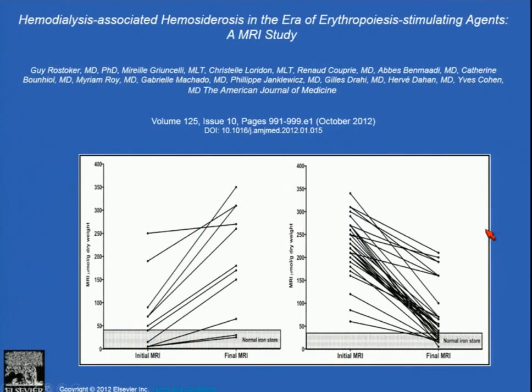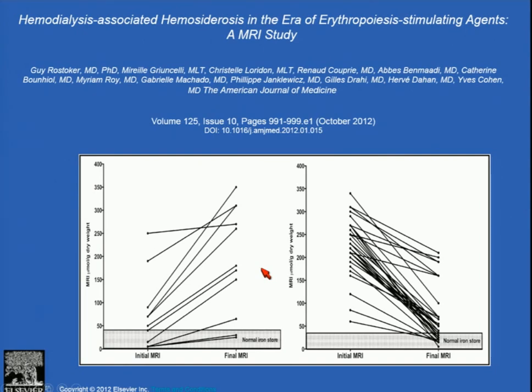In another study by the same author, who apparently is really into MRIs of the liver in patients on dialysis, they again looked at patients who were just started on dialysis and then received IV iron over the course of 3 to 6 months, and then they compared their liver MRI content before and after the routine administration of IV iron based on the facility protocol.